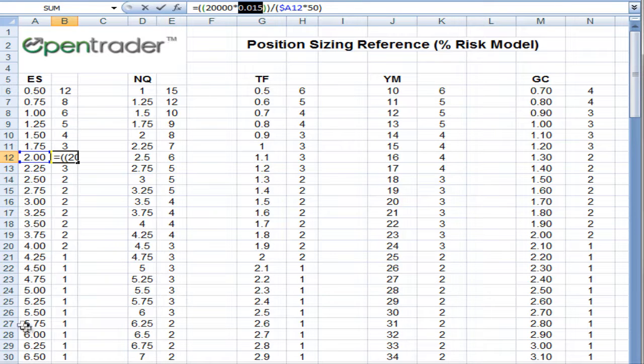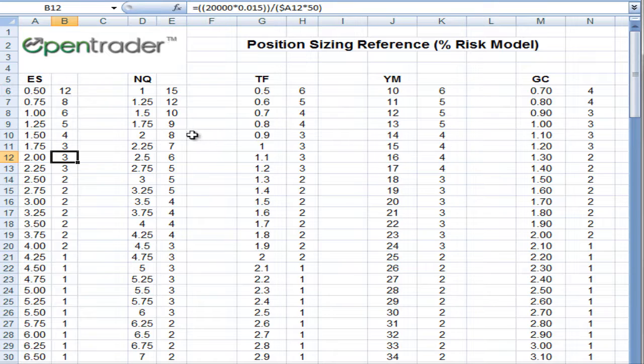So this shows you that if you have a 2-point stop loss, 2 points right here times 50 is $100 risk, and the account balance times the percent gives you how much you want to risk. So 20,000 times 1.5% is 300, divided by the $100 risk gives you what? 3 contracts. See, it's a very simple formula.